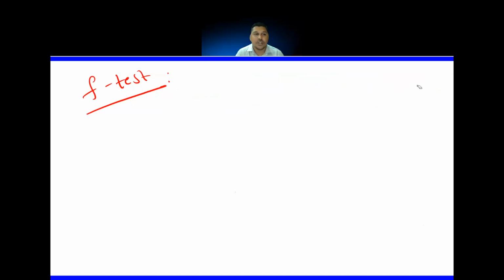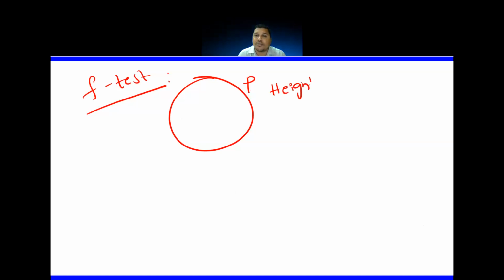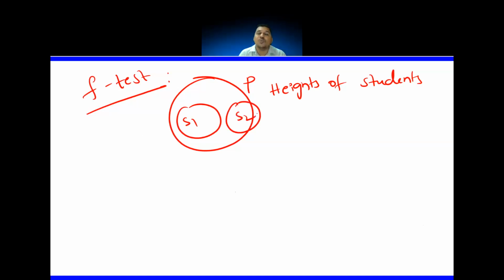Okay, so let us understand this with a population and samples example. First case, let's take a sample. You had a population P, which is about heights of students. You are randomly drawing two samples, sample S1 and sample S2.